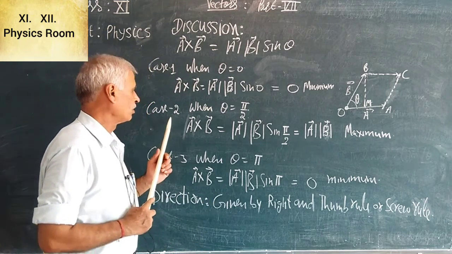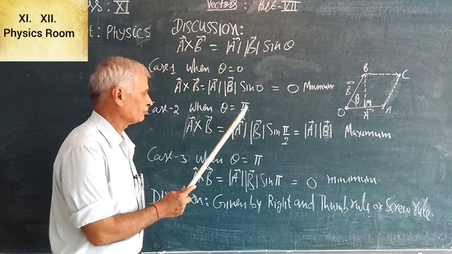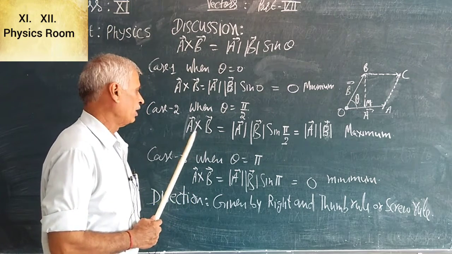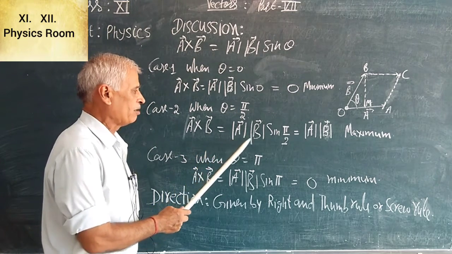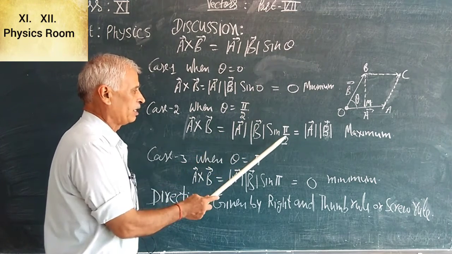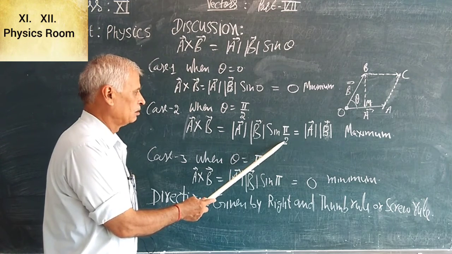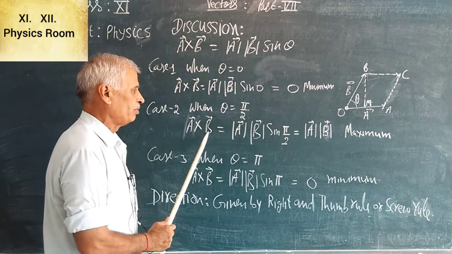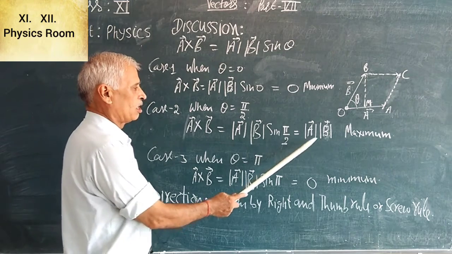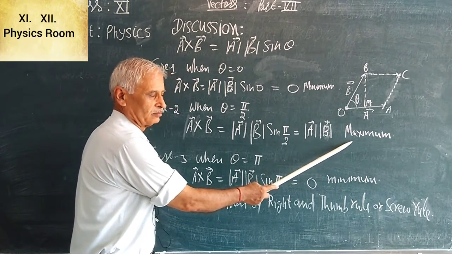Case 2, when theta is equal to pi by 2, then A cross B is equal to mod A mod B sin pi by 2. Theta is replaced by pi by 2, and sin pi by 2 is 1. Therefore, A cross B will be equal to mod A mod B and is maximum.